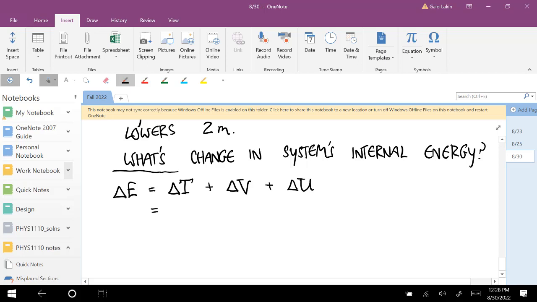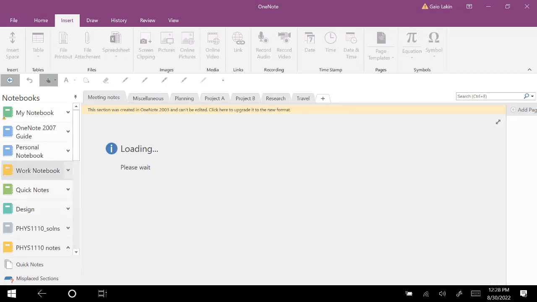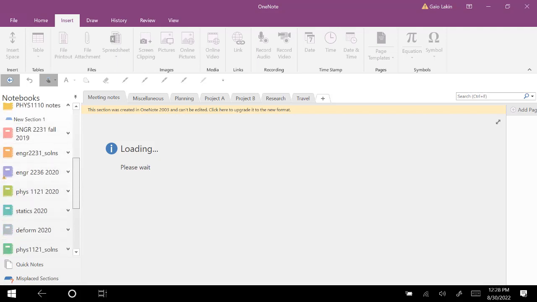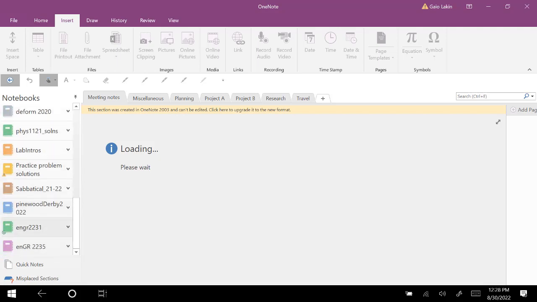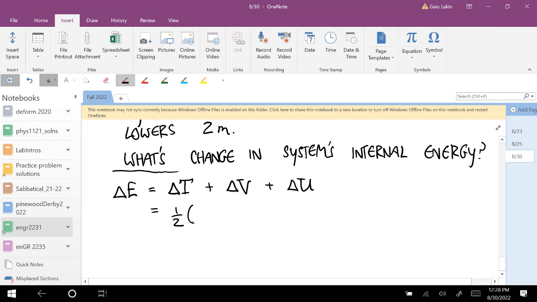The change in kinetic energy is 1/2 times the mass of the system. What did I say that was? Half? 0.5 kilograms. Okay. So the mass of 0.5, and it started out at rest and ended at 3 meters per second. So this is times 3 squared minus 0 squared. Okay, this is the change in kinetic energy of the system.